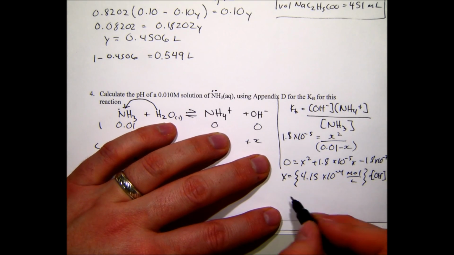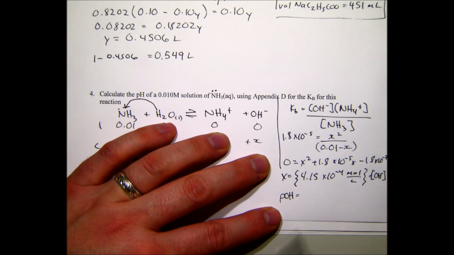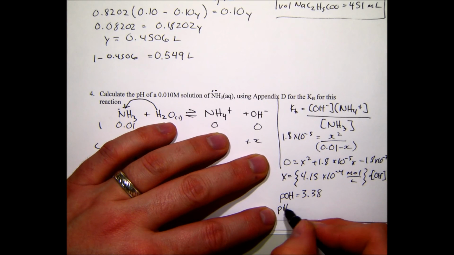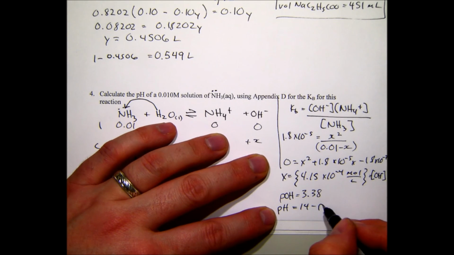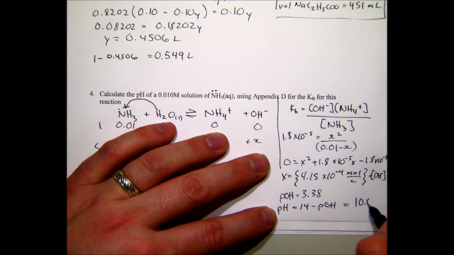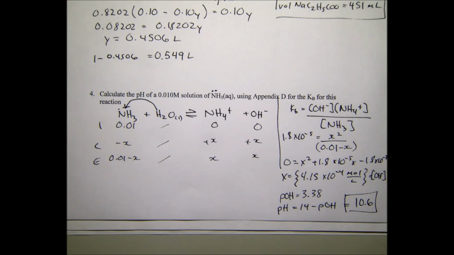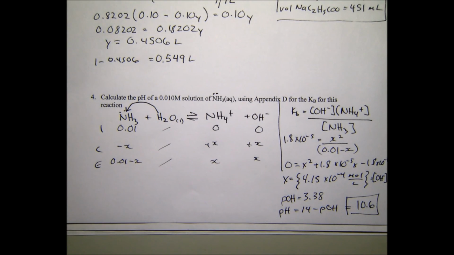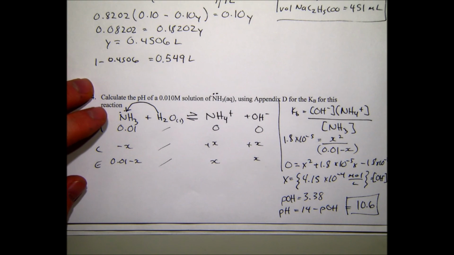So the negative log of this gives me a pOH equal to 3.38. pH is equal to 14 minus pOH, which is 10.6. So the concentration of H plus is obviously always controlled by the concentration of OH. The method for solving a weak base is exactly the same as every equilibrium problem that we've done.